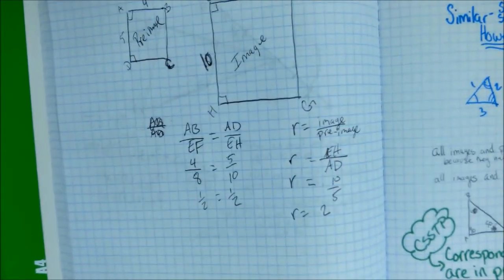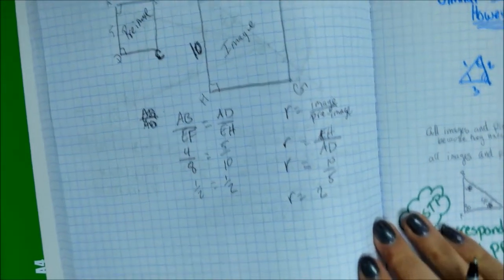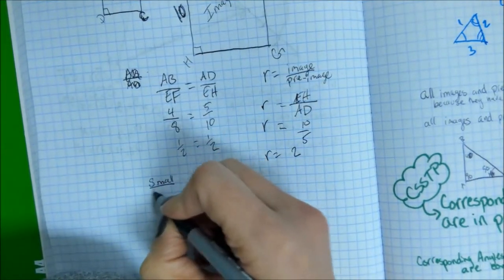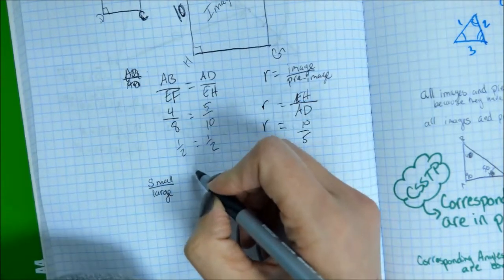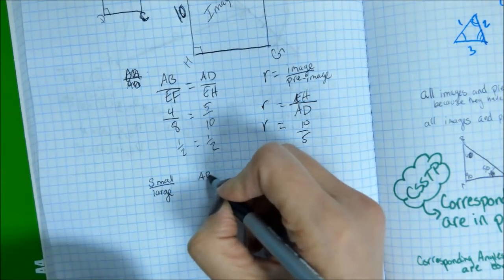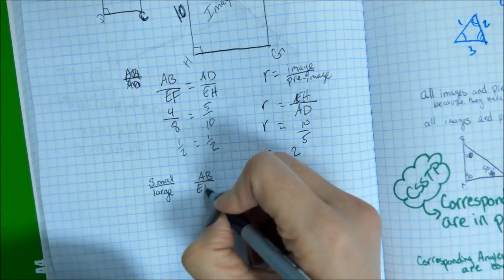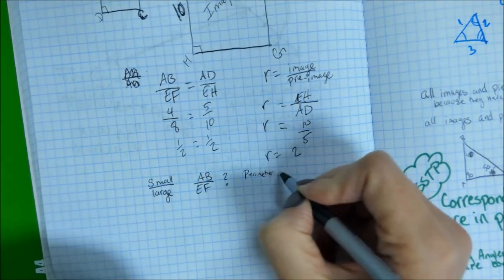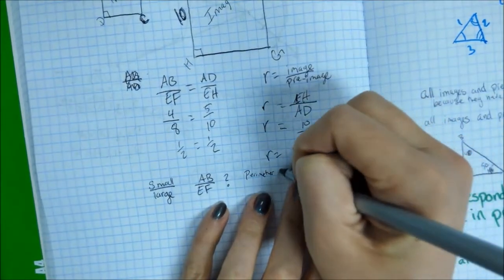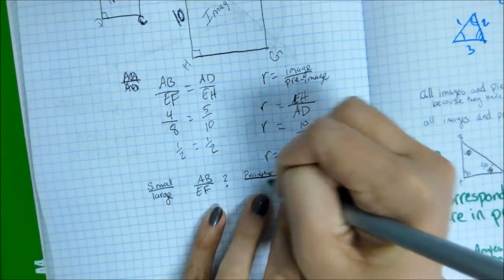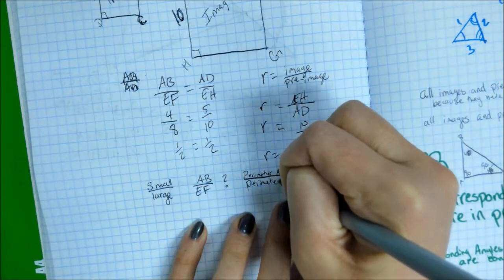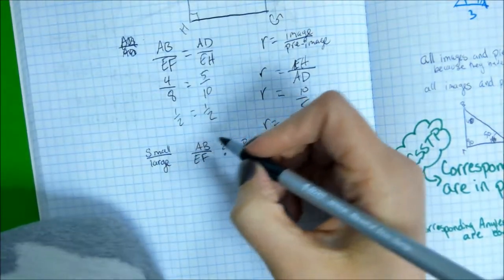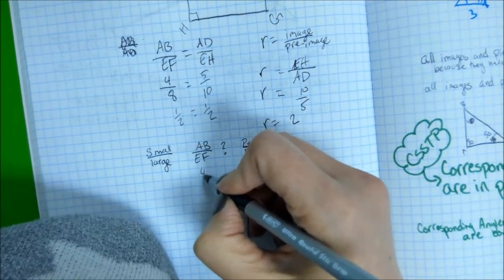Okay, what happens when I compare the perimeter? I'm comparing small over large. So I'm going to start with my small rectangle. If I compared AB over EF, and I said, how does that compare to the perimeter of ABCD compared to the perimeter of EFGH? Well, AB over EF would be 4 over 8.